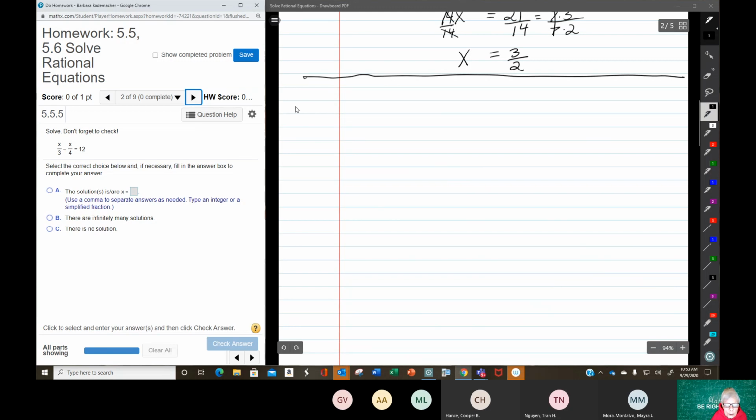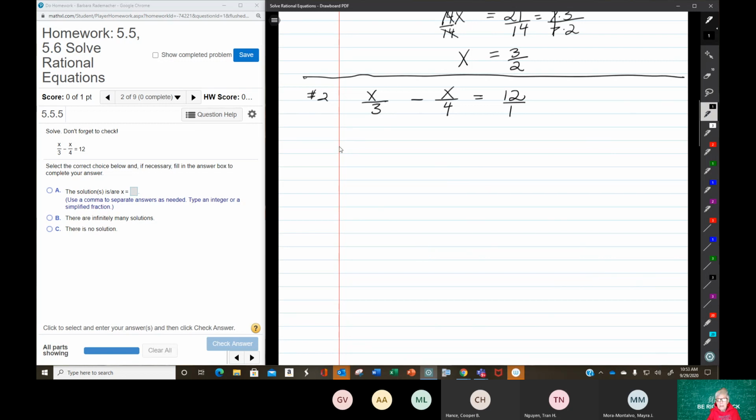Okay, here's number 2. We have x over 3 minus x over 4 equals 12. And right now I'm going to say over 1, just to be consistent.